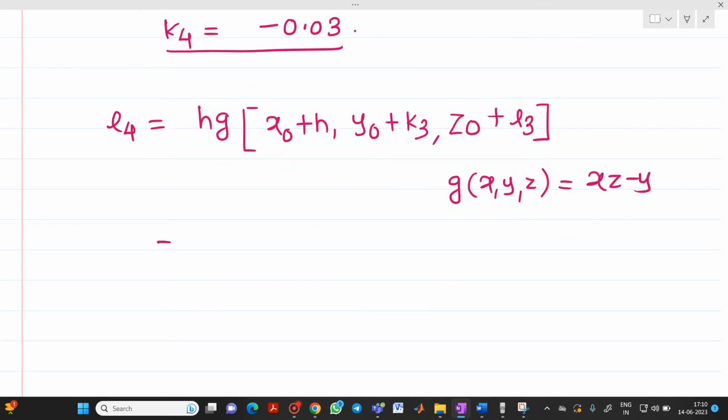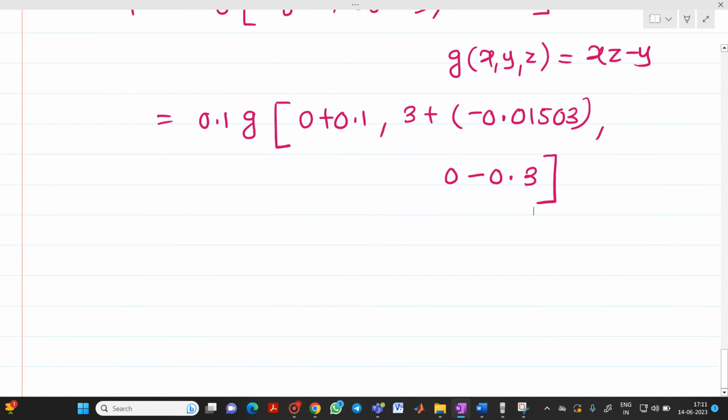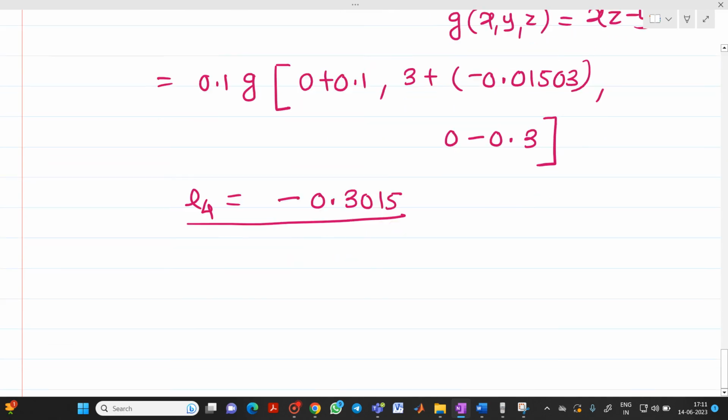So h is 0.1, g of 0 plus 0.1 comma 3 plus minus 0.01503, this is the value of k3, comma z0 is 0, L3 is minus 0.3. If you do the calculation, you will get the answer of L4 as minus 0.3015. Do it with the help of a calculator.